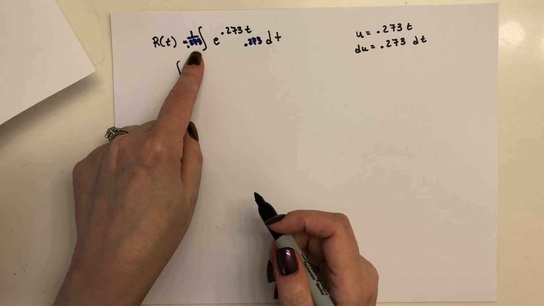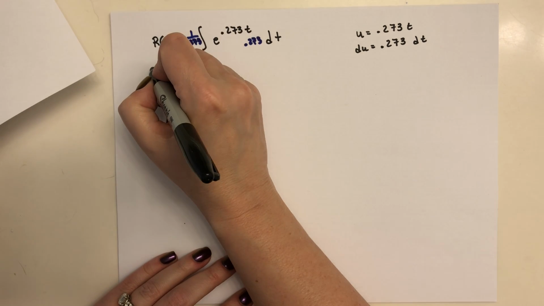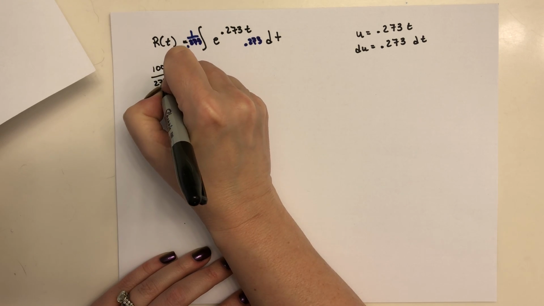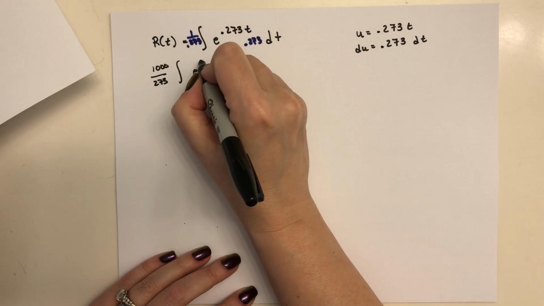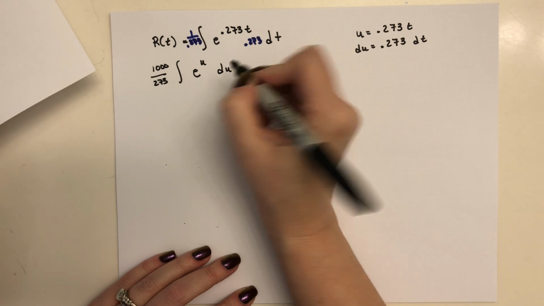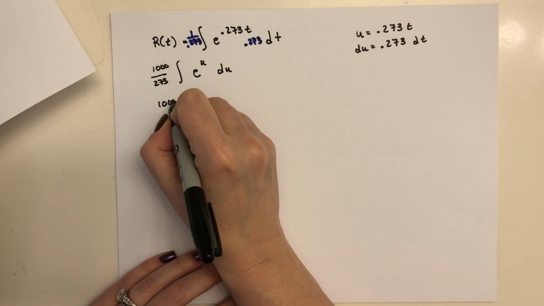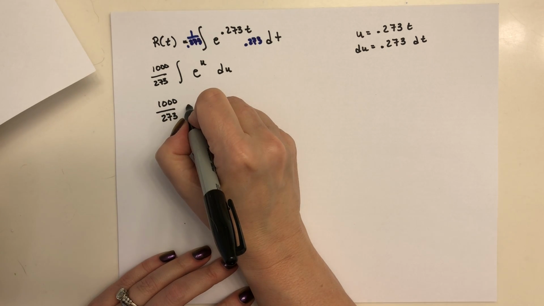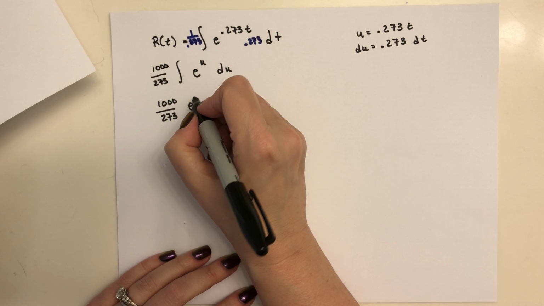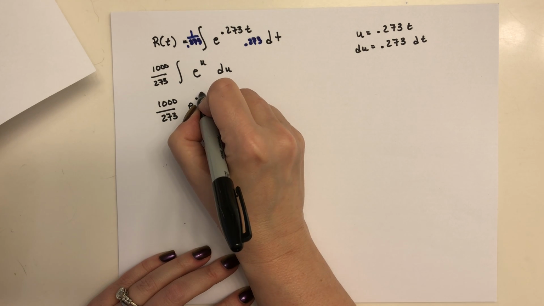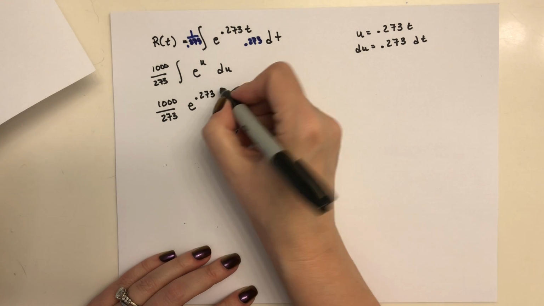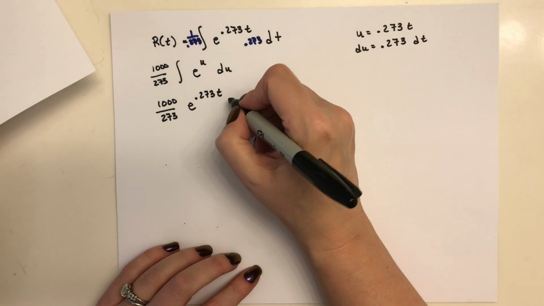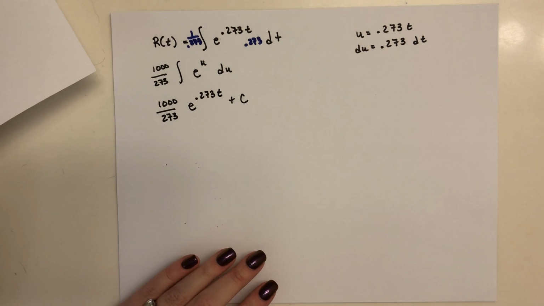That's the 1,000th position, so that would be 1,000 divided by 273. Then you'll have e to the u du, which integrates really nicely. It's just e to the u, and then I'm going to put my u back in. Because that wasn't a definite integral, I'll have to put a little plus c on it.